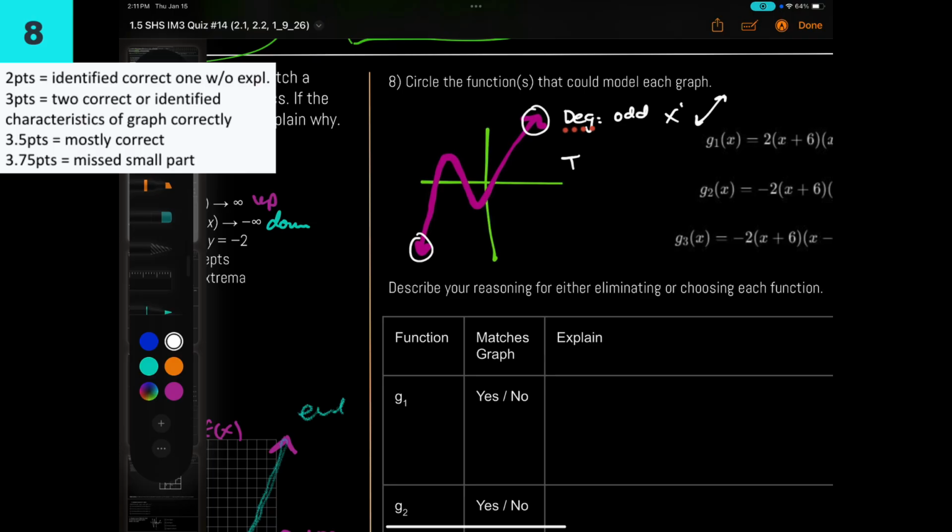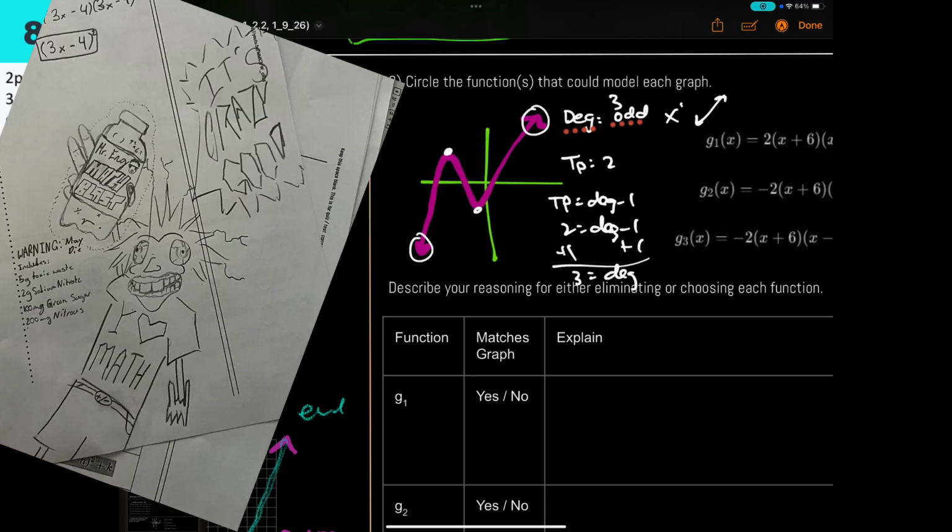Okay, number of turning points. You have 2 turning points, and you can actually find the degree: turning points equals degree minus 1. So turning points is 2. Add 1, and you'll get the degree is equal to 3, which verifies odd. And then something else is leading coefficient.